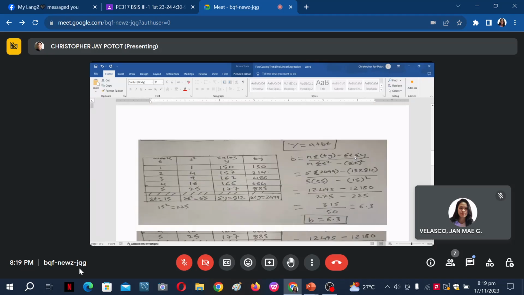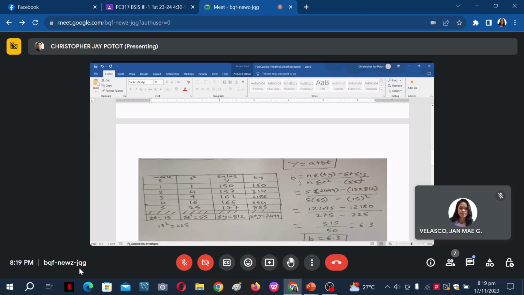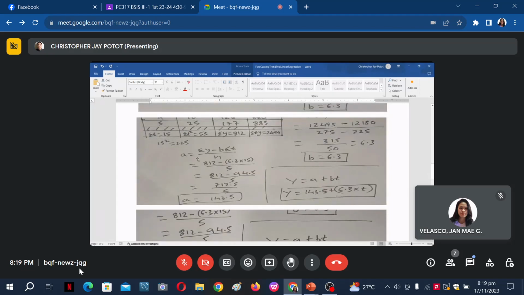Next, since we already have the value of b, we must now find the value of a to complete the formula. This is our formula again: the summation of y minus b times the summation of t, over n.